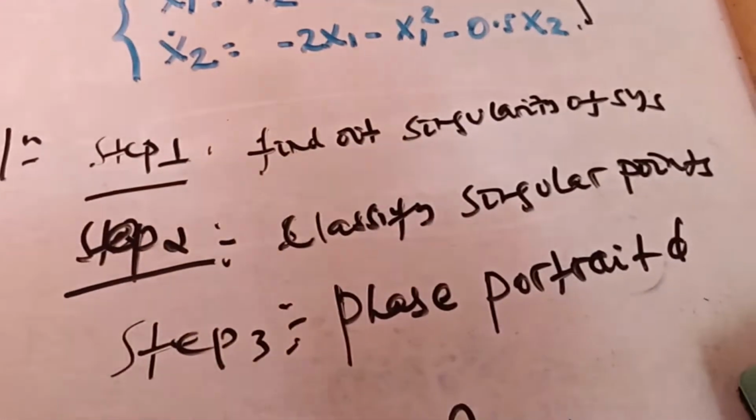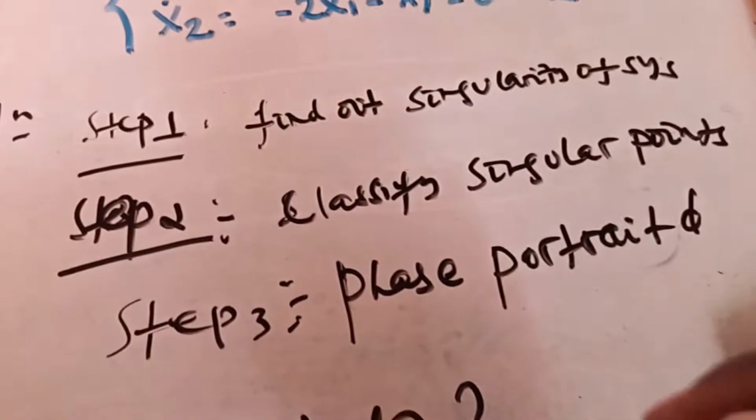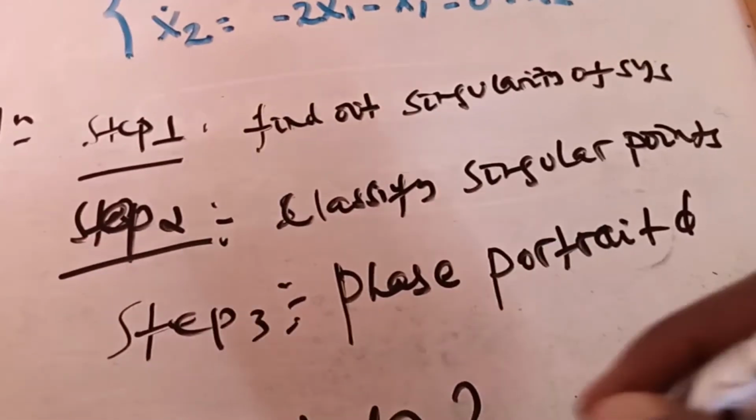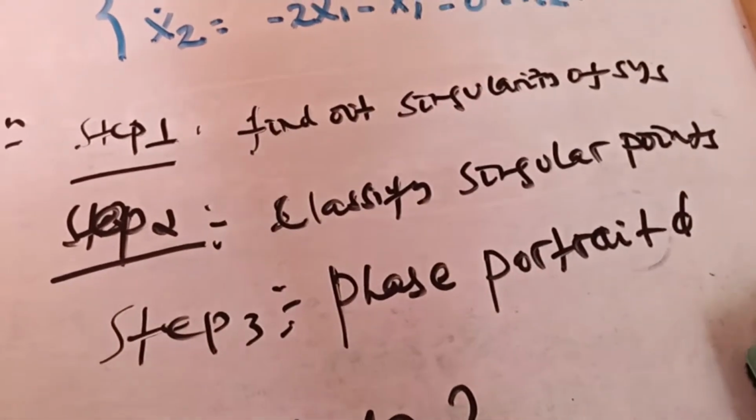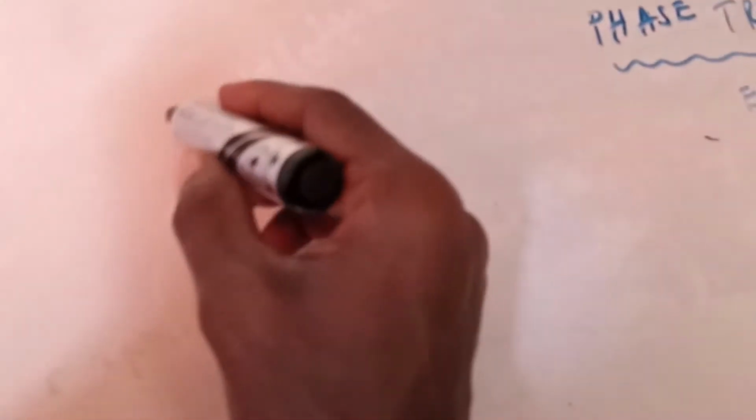Finally, we give the phase trajectory, which makes the system operable at a given particular point. So that's why we are going to compute such a nonlinear second order system. So let's start from step one.